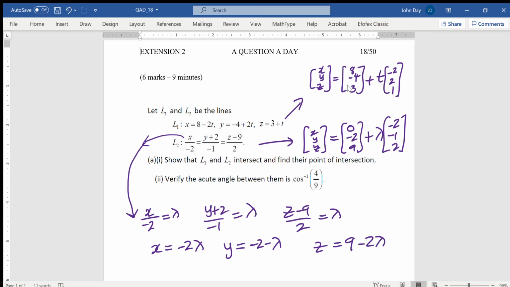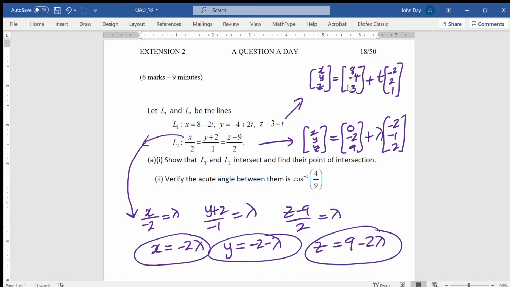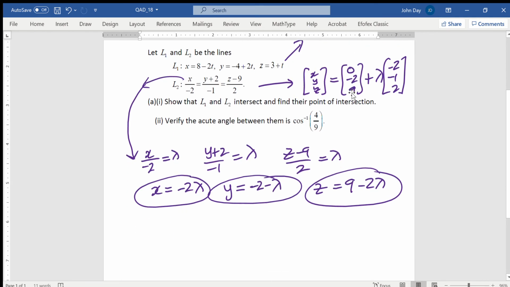And so you can see how you can work that into the equation above by factorising lambda. This is 0 plus lambda times minus 2, that's why the 0 and the minus 2 up there, and this is minus 2 plus lambda times minus 1, that's why the minus 1, and so on. So it's good to write those two equations in that form. It's sometimes easier to see what's going on.